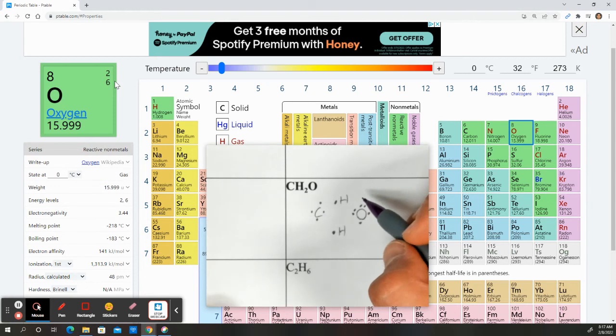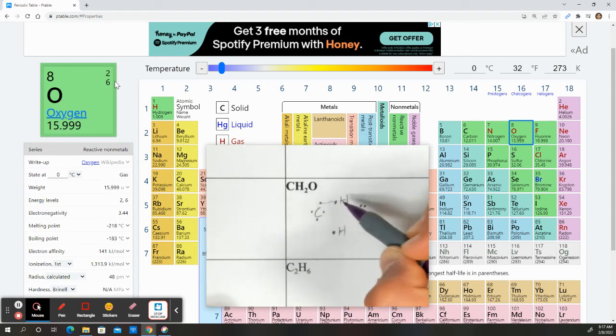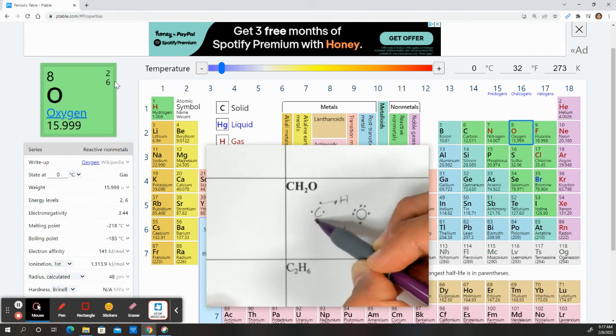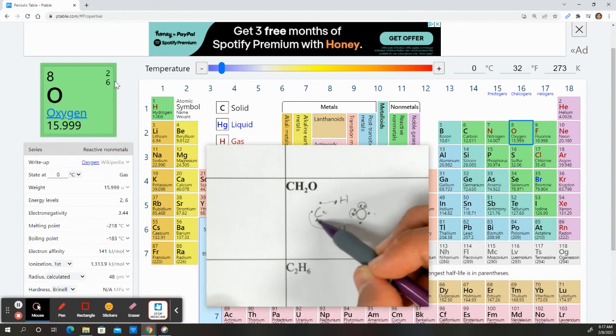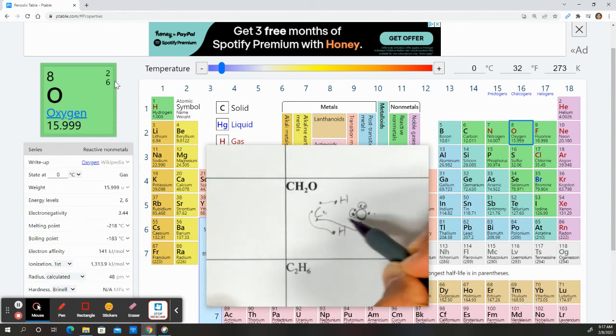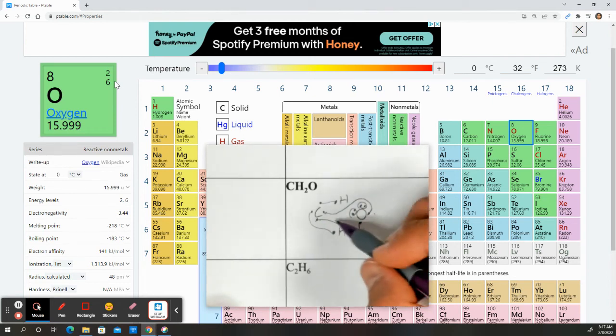Okay, so let's try this out. So in this case, we have a bond here to hydrogen, another one here to hydrogen. Notice we have the lone pairs for oxygen. So those will not bond, and we have one single dot, another single dot, and here are some other single dots. So let's go ahead and bind that, and put that here, and this one goes over here. Now let's clean this up.